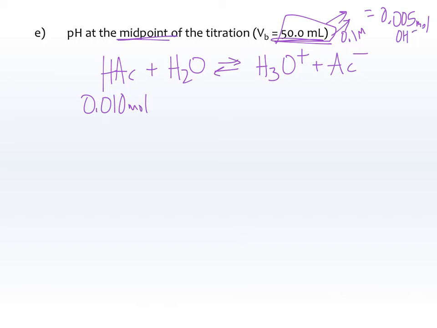So, since I'm adding a base, I'm going to add to the base. That is 0 plus 0.005 moles equals 0.005 moles. And then 0.010 minus 0.005 moles. We're adding and subtracting the moles, not the molarity.